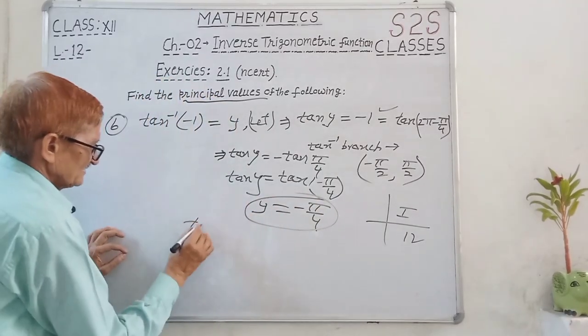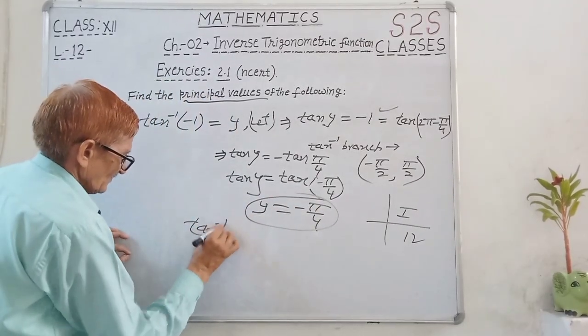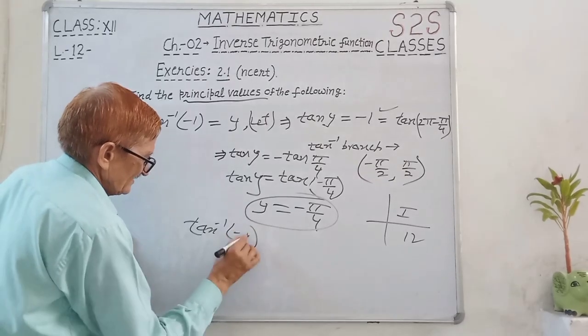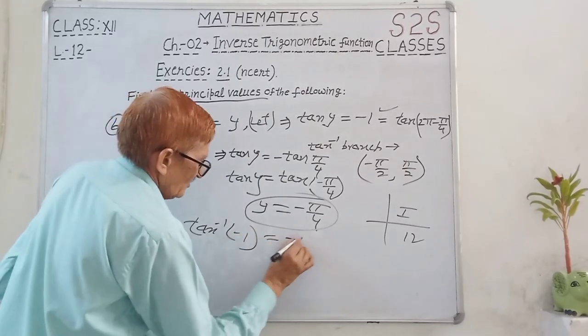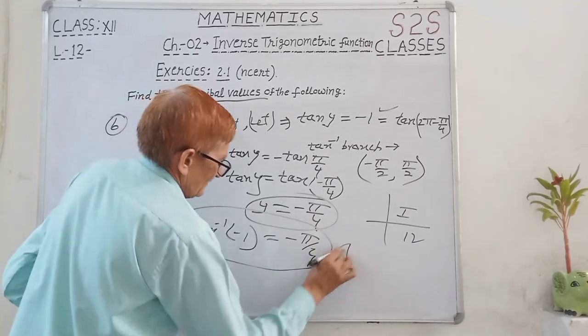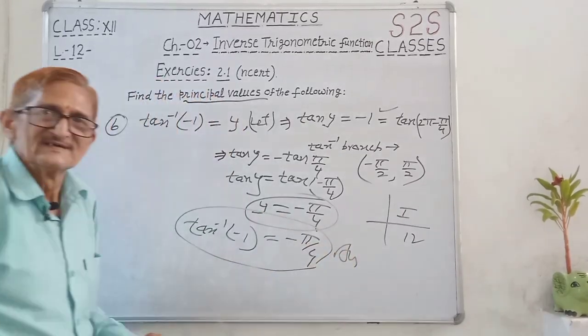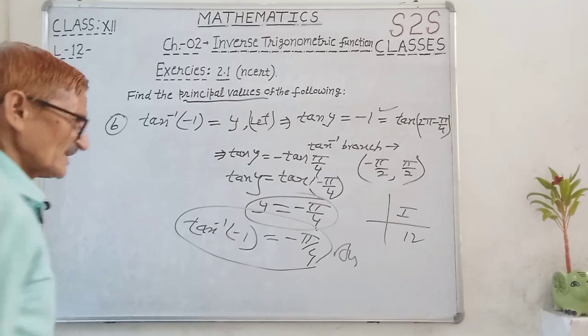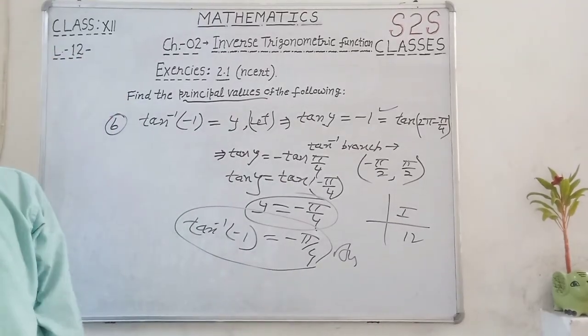So tan inverse of minus 1 is equal to minus pi by 4. Answer. Okay, clear? Now next question, question number 7.